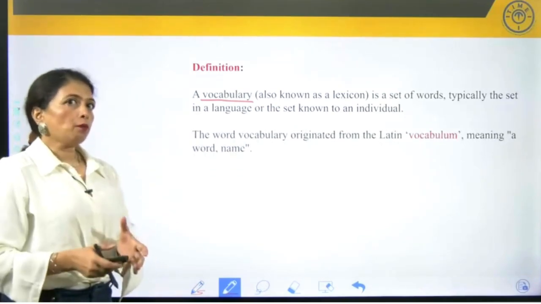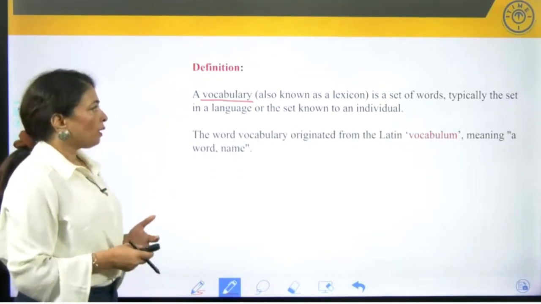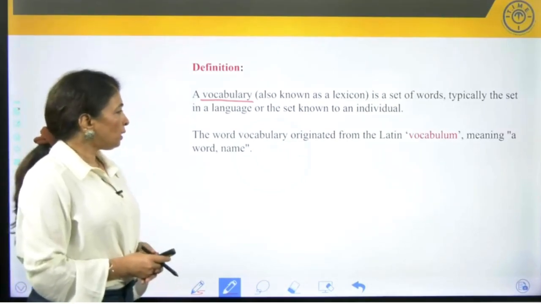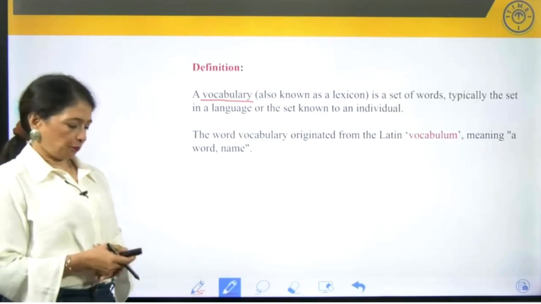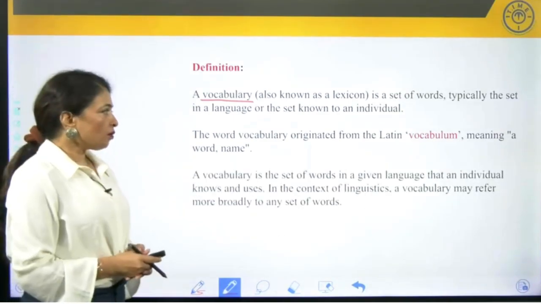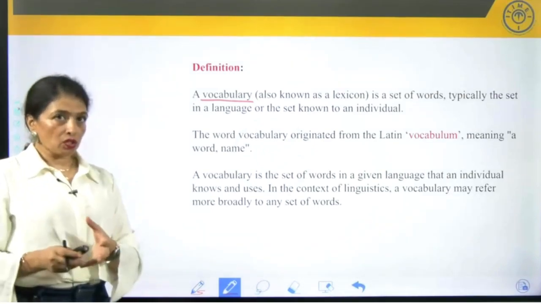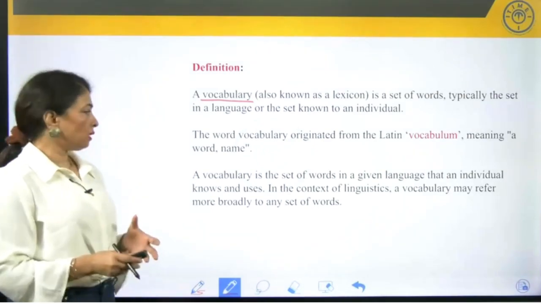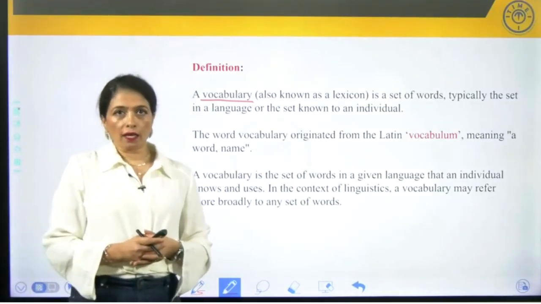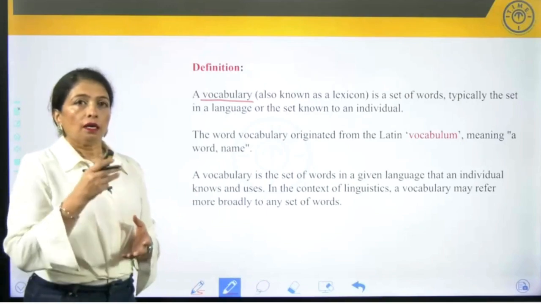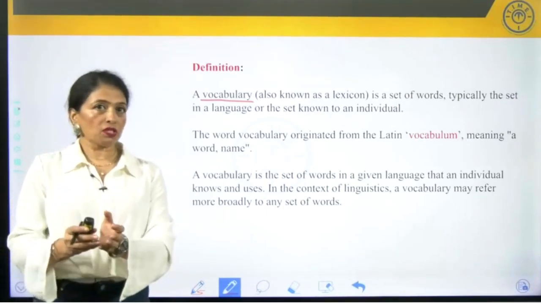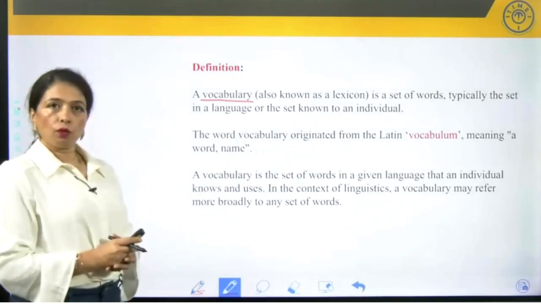The word vocabulary, now where did it come from? It originated from the Latin vocabulum, meaning a word or name. And a vocabulary is also the set of words in any given language that any individual knows and uses. So, as a native of that language, the number of words that a person knows is also vocabulary.